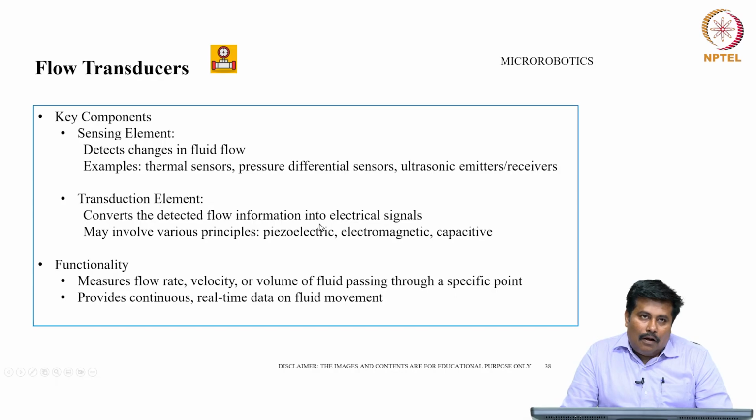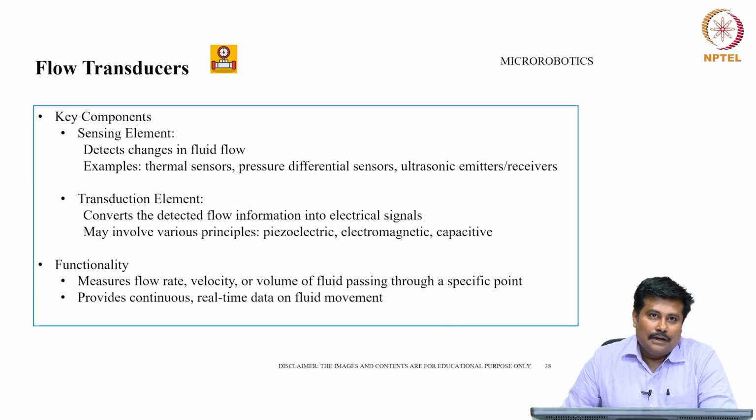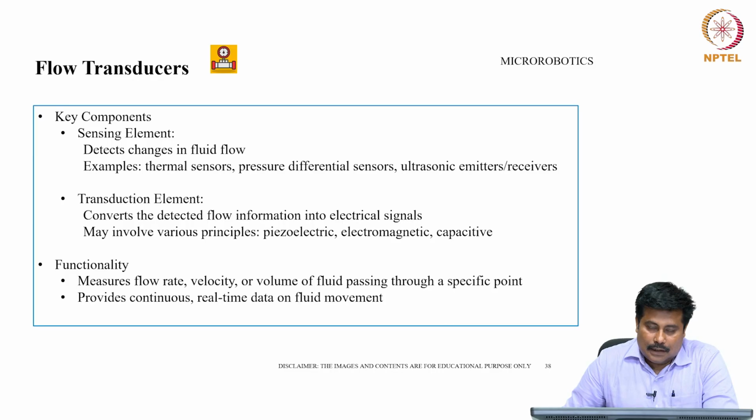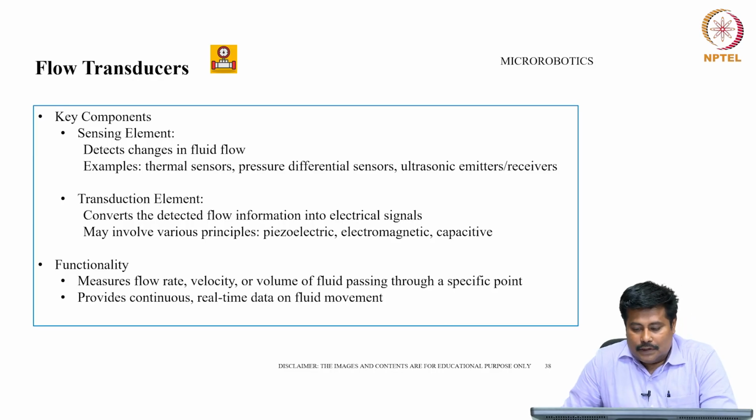Some of the key components of these flow transducers include the sensing elements, which detect the changes in the fluid flow, for example a thermal sensor, pressure differential sensor, ultrasonic emitter and receivers, etc. With reference to the transduction element, it converts the detected flow information into electrical signals.